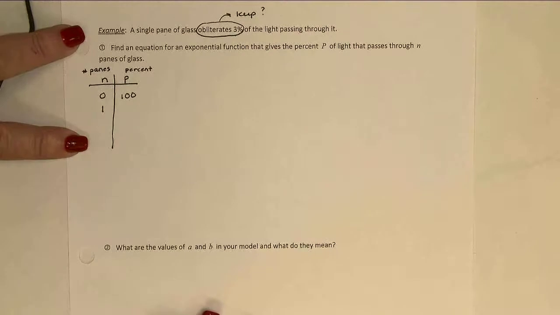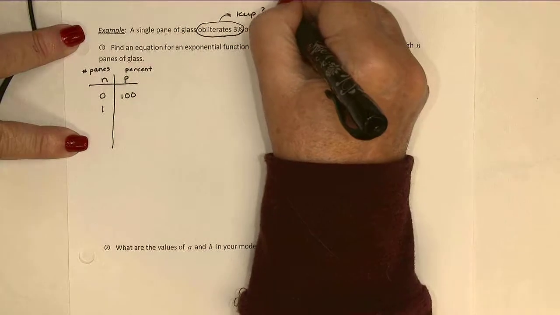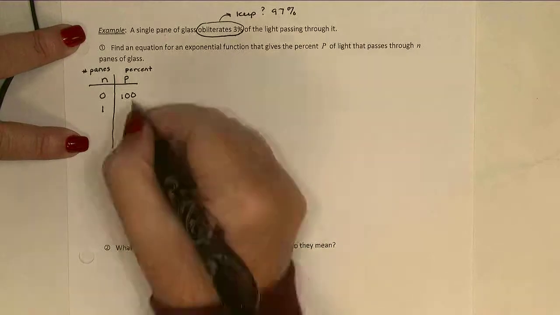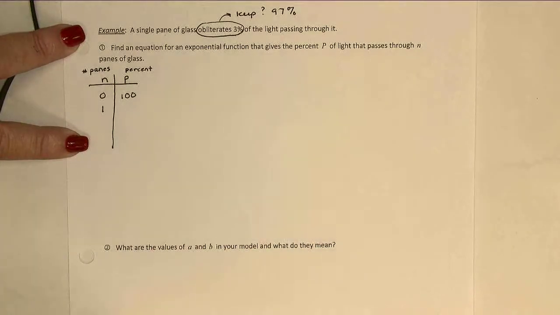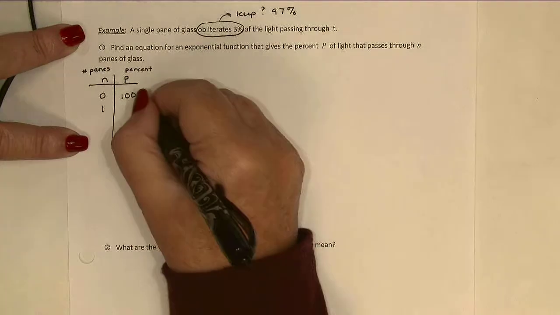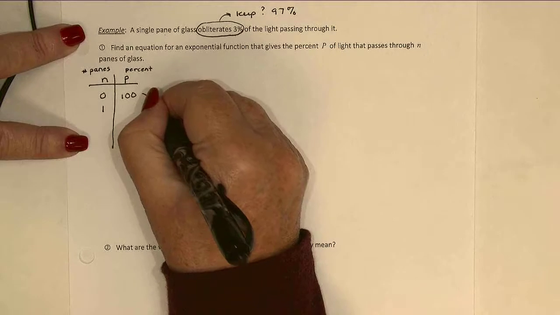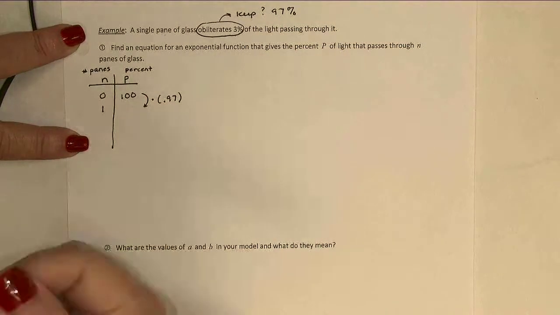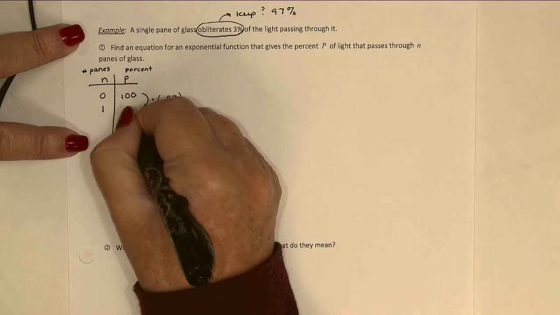We'd have to keep 97%, right? So I could say I'm keeping 97% out of that 100, or in other words, I'm multiplying by 0.97. And 100 times 0.97 is 97.